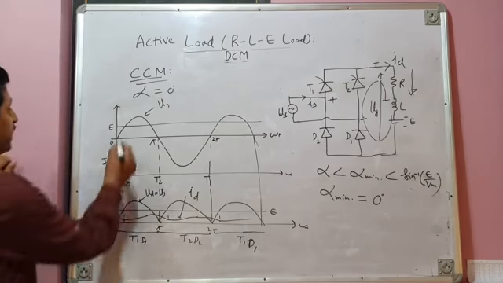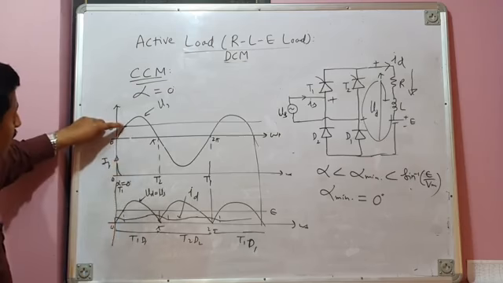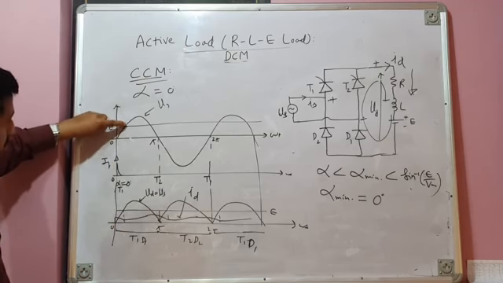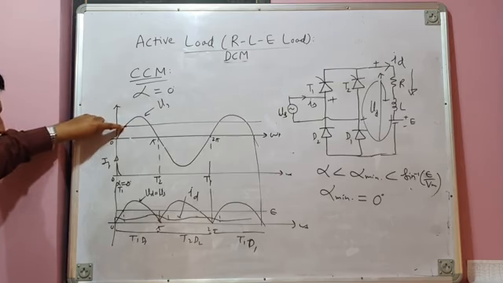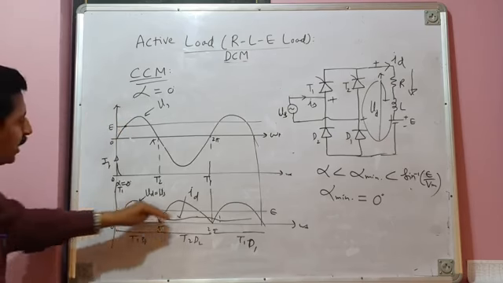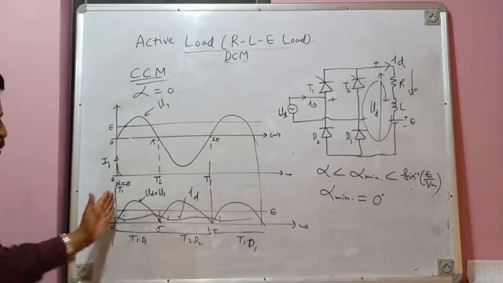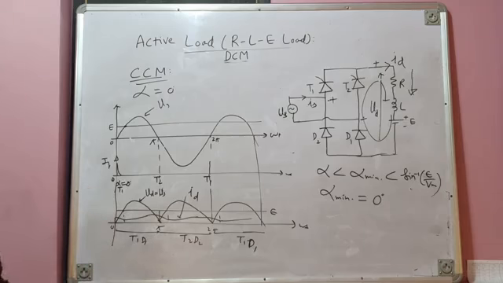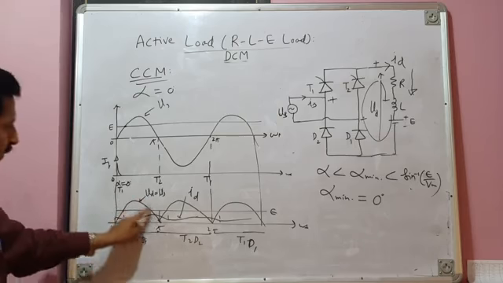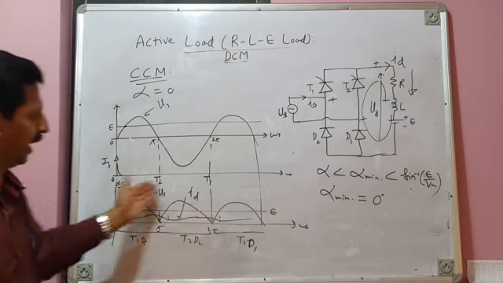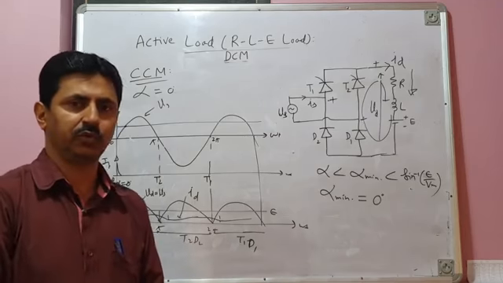In that case, alpha has to be greater than alpha min; you cannot have alpha below alpha min. But for continuous conduction mode, since E does not show its presence in the load voltage, you can have alpha as low as 0. In that case, you will have only thyristor conduction modes T1 D1, T2 D2, T1 D1, and this is the nature of the load voltage waveform.